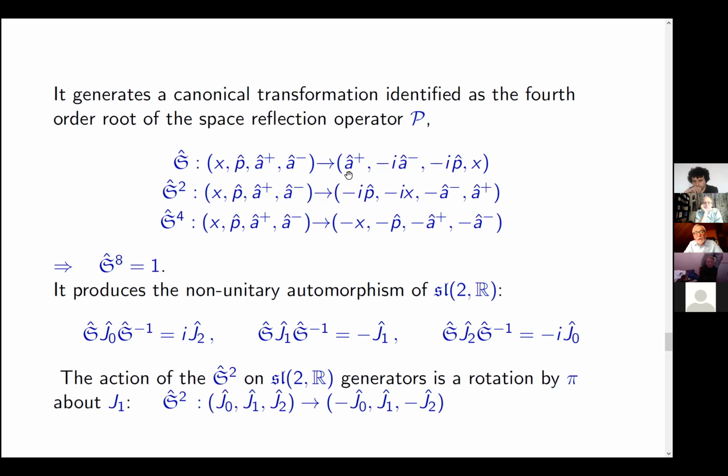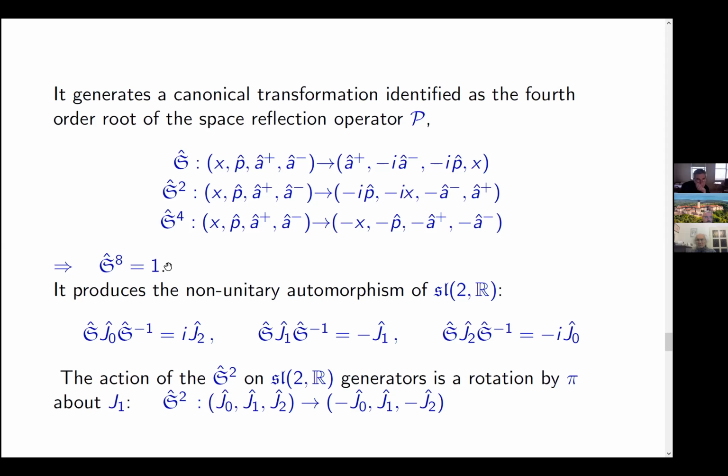X is transformed into the creation operator, P is transformed into the annihilation operator, and the fourth power of this operator makes the job indicated here. You see that the fourth power of the introduced operator has the nature of the spatial reflection operator. It changes the signs of X and P. And so the operator sigma has the nature of a root of order 8 of the identity operator.